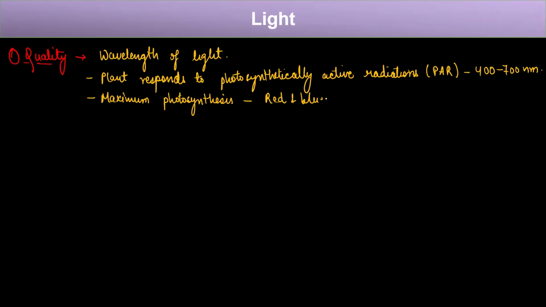And minimum photosynthesis happens in the green wavelength. So this is what we know about the quality of the light.